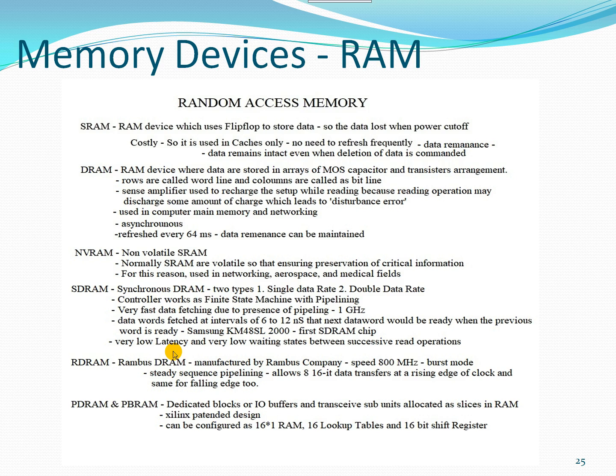And RDRAMs are company specific, because Rambus is a company which designs this kind of RAM, so in their name only they are supplying these DRAM chips. So Rambus DRAMs are manufactured by the Rambus company, and they operate at 800 megahertz, and they are the first devices where burst mode operation was introduced.